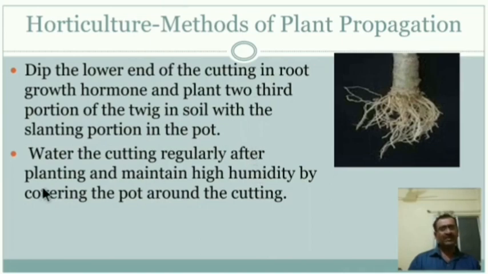After that, water the cutting regularly after planting, and maintain high humidity by covering the pot around the cutting. Watering from time to time is required for maintaining high humidity around the pot.